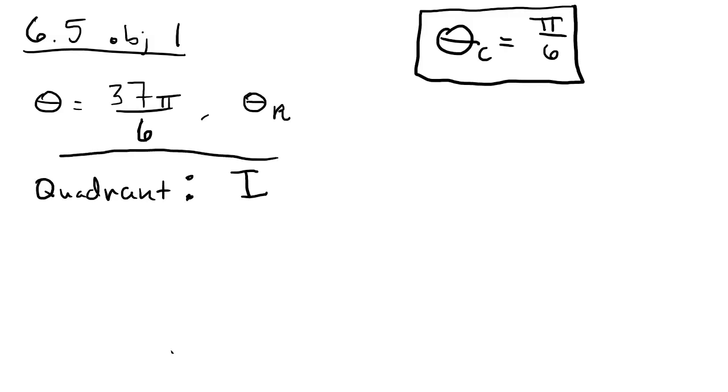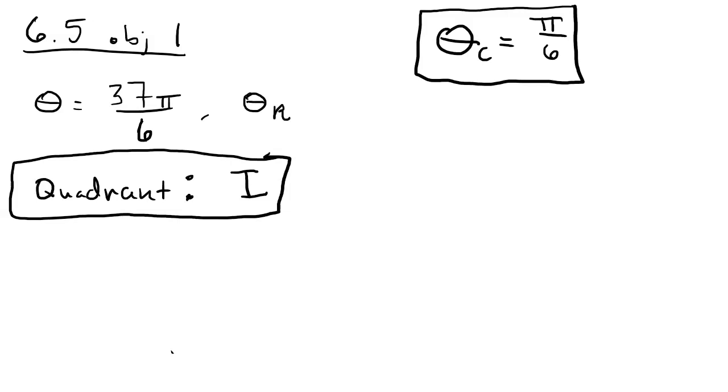This being the answer to the second part of the question. Now we move on to the third, which is the main question. What is theta equal 37 pi over 6? What is that angle's reference angle?